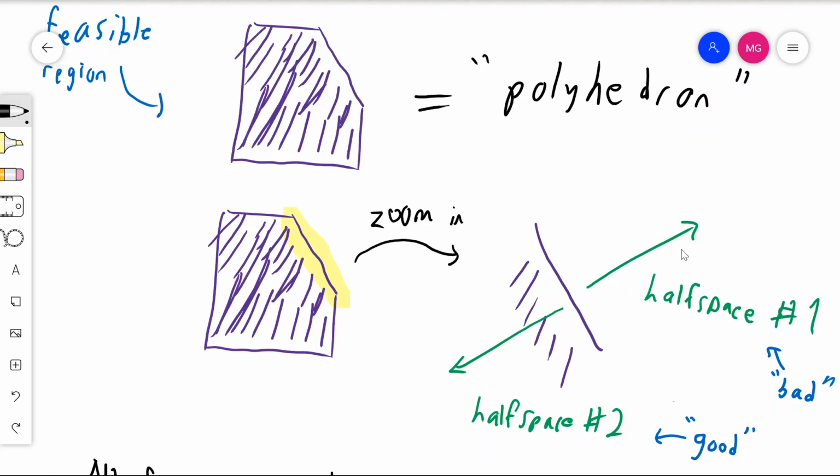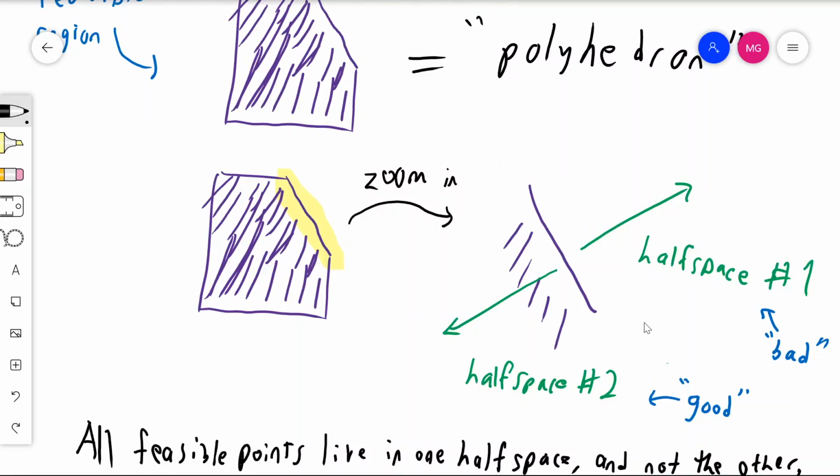So there's a half space to the right and a half space to the left, split by this line. And so all the solutions to the linear program are going to live to the left here. Again, there's things that live to the left that are not solutions, but if it's going to be a solution, it is going to be to the left here.